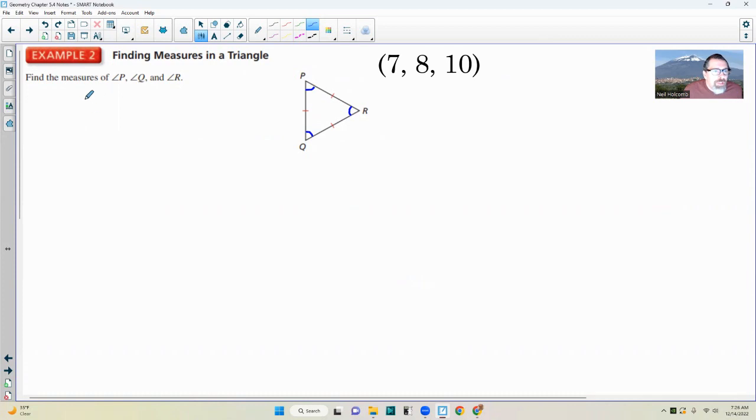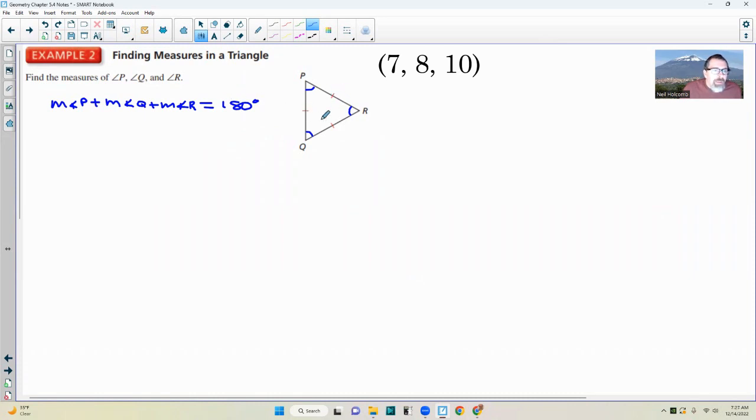So I'm going to say the measure of angle P plus the measure of angle Q plus the measure of angle R equals 180 degrees. Okay, that's the triangle sum theorem. All triangles' angles add up to 180.